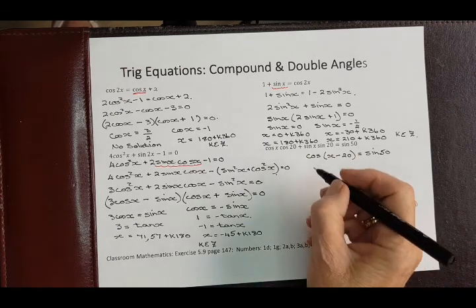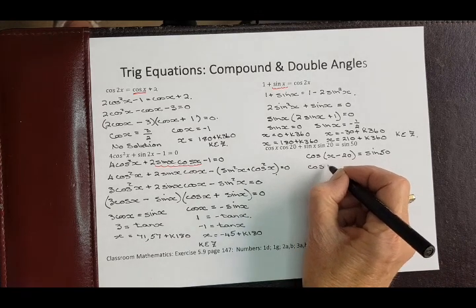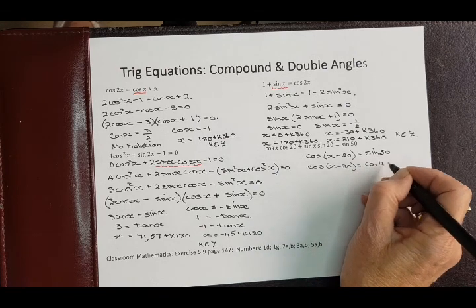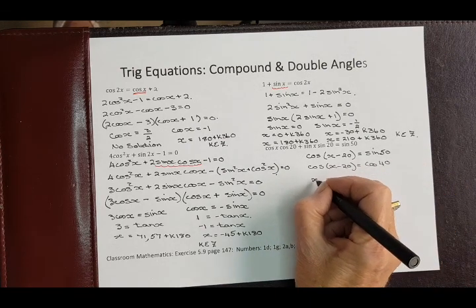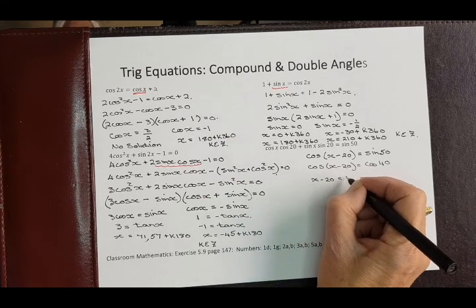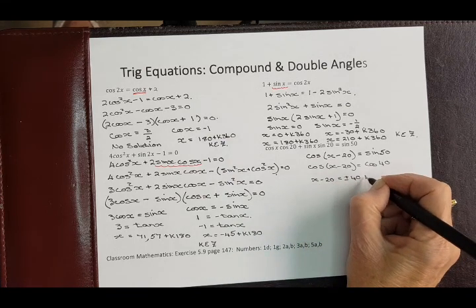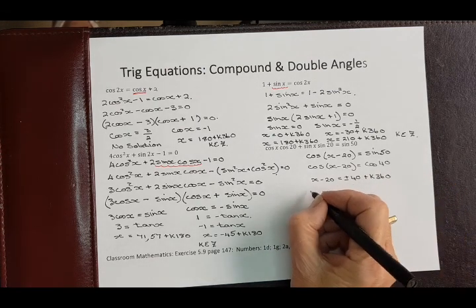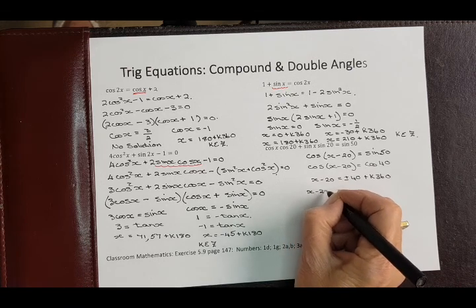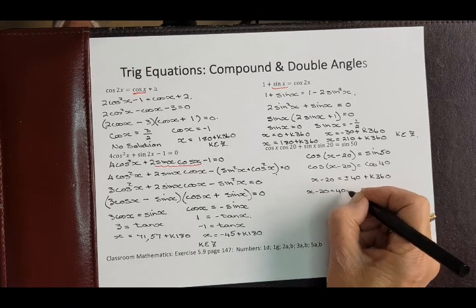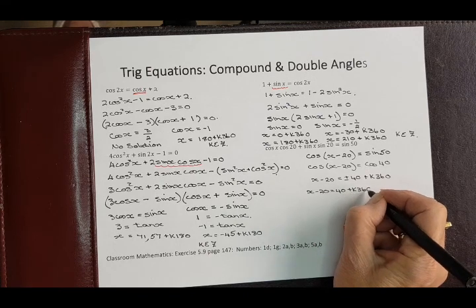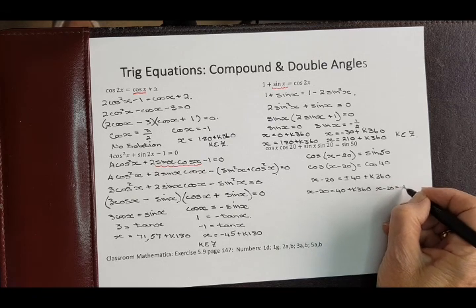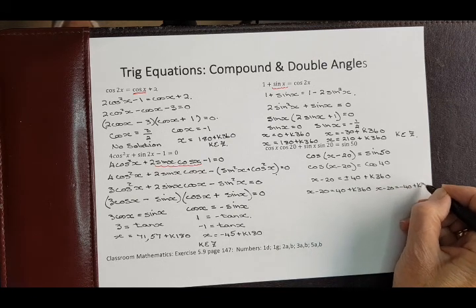At this point, I can now use my co-function rule. So I'm going to say cos of x minus 20 is equal to cos of 40. So x minus 20 is equal to plus minus 40 plus k 360. Remember, you're always going to split that up. So you get x minus 20 is equal to positive 40 plus k 360, or x minus 20 is equal to minus 40 plus k 360.